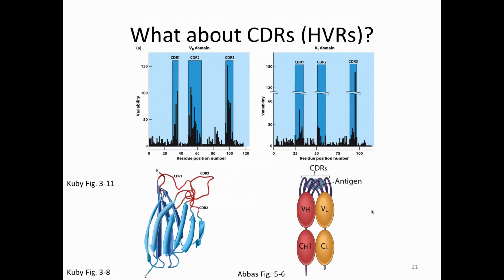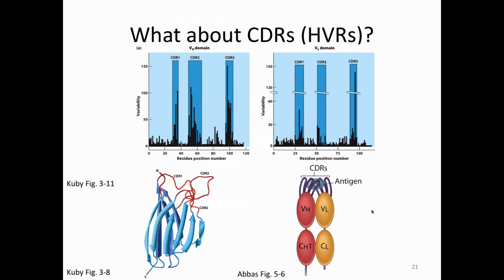I told you before about the complementarity determining region section of the antibody. So I told you that all of our antibodies are made of these immunoglobulin domains with the 7 antiparallel beta sheets. And that the variable region of our antibody isn't similarly variable all the way across. Some parts are pretty conserved.